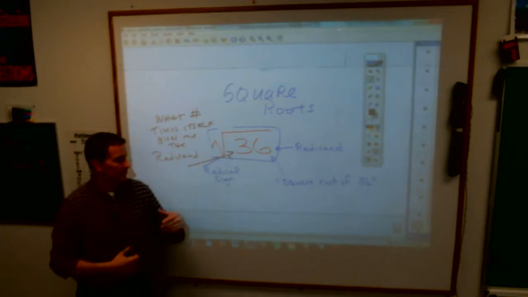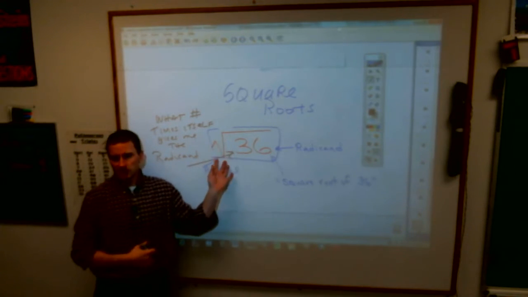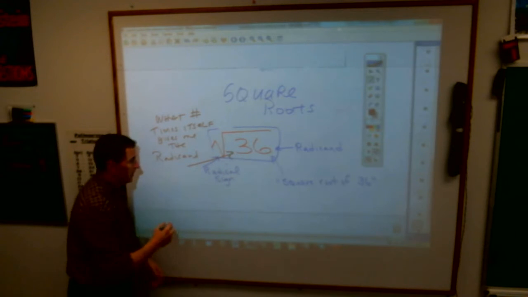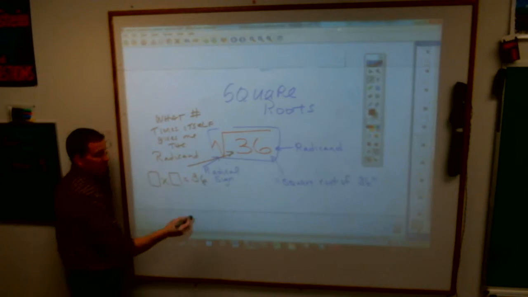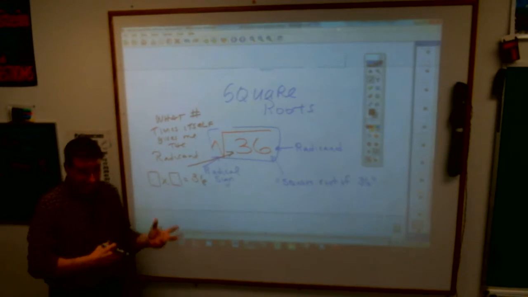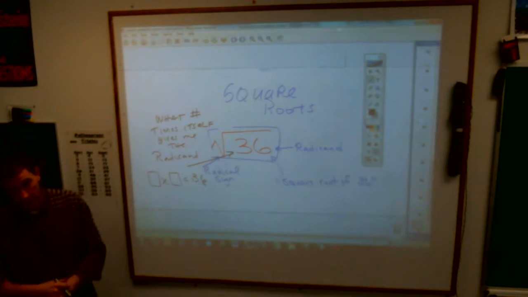And it's not 18. Don't think this is dividing by 2. That's not what this is. You're asking yourself, what number, when I multiply it by itself, will give me 36? What same number times itself gives me 36?